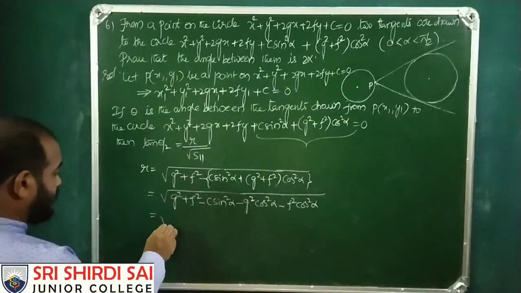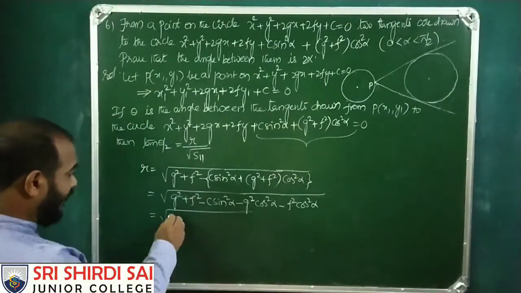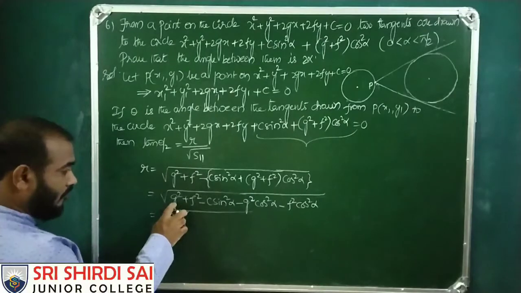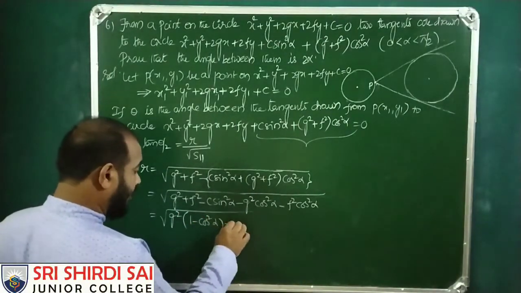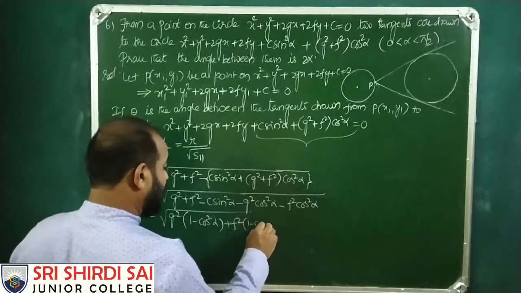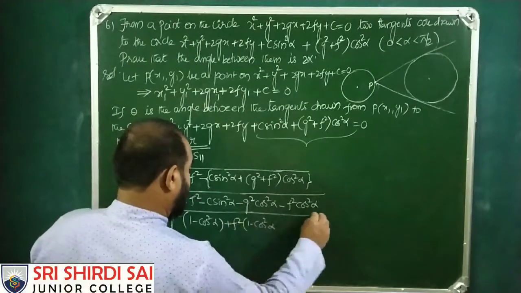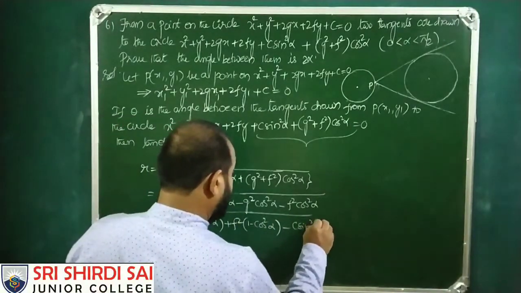So this is equal to square root of g square, if I take common here, 1 minus cos square alpha. Likewise f square, if you take common, 1 minus cos square alpha, minus c sin square alpha.